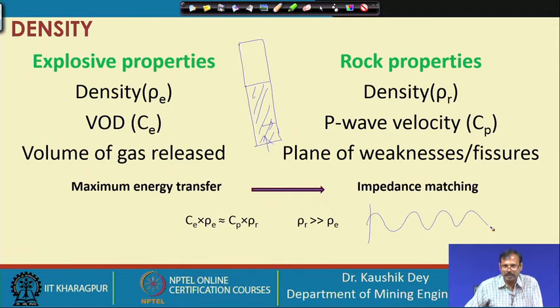In a similar manner, if you drop a stone in the water of a pond, the waves propagate in all directions. Similarly, the moment you detonate the explosive, the shock waves are generated and the shock waves propagate in all directions in a similar manner. And this propagation is similar to the propagation of sound waves, in compression and dilation manner.